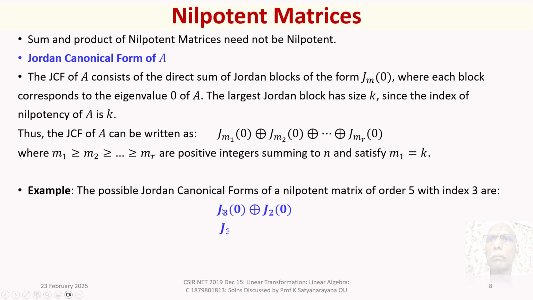The other is J_3(0) direct sum J_1(0) direct sum J_1(0), so two Jordan blocks of size 1. Here, one Jordan block of size 2. So these are the only two JCFs that are possible for a nilpotent matrix of order 5 with index 3.